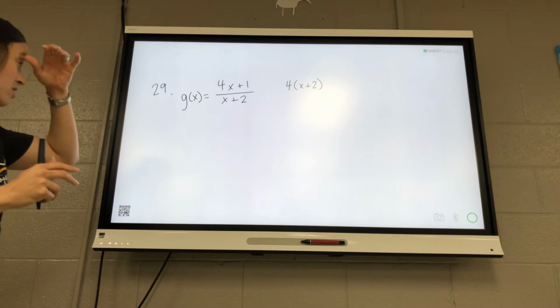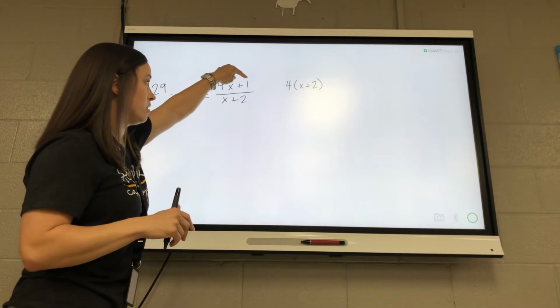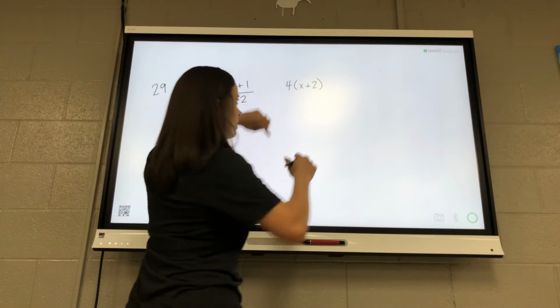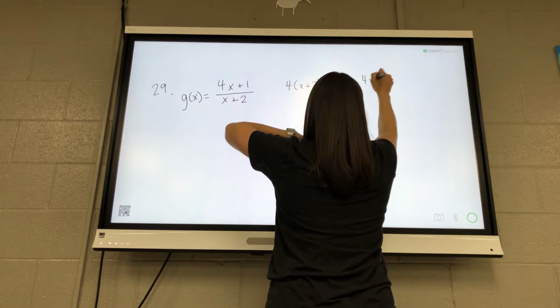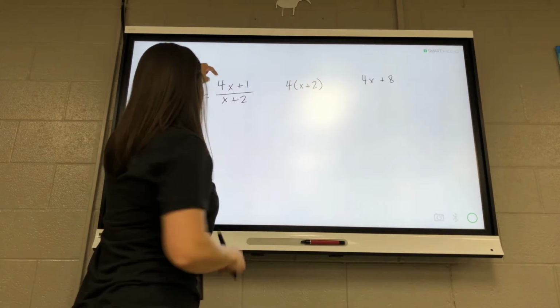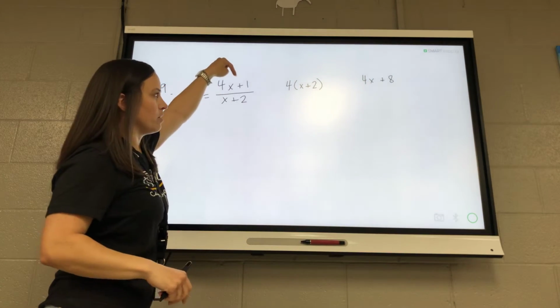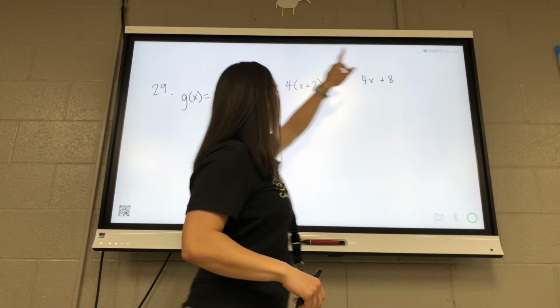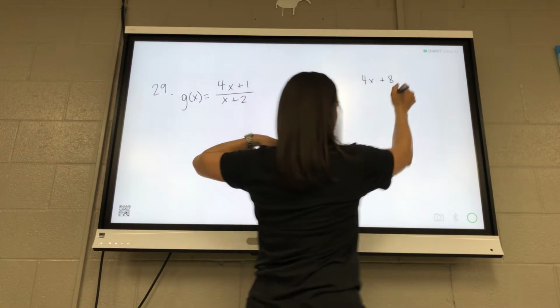Alright, so we're still needing our numerator to be 4x plus 1. If we're thinking about this multiplied out, we would have 4x plus 8. You see that? But I need it to be 4x plus 1. So what else would I have to have out to the end? Minus 7. Alright.